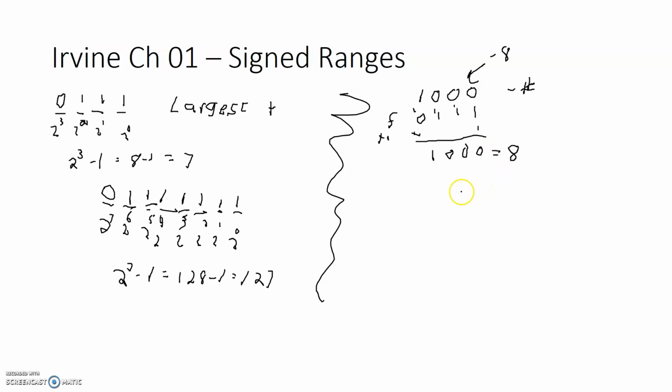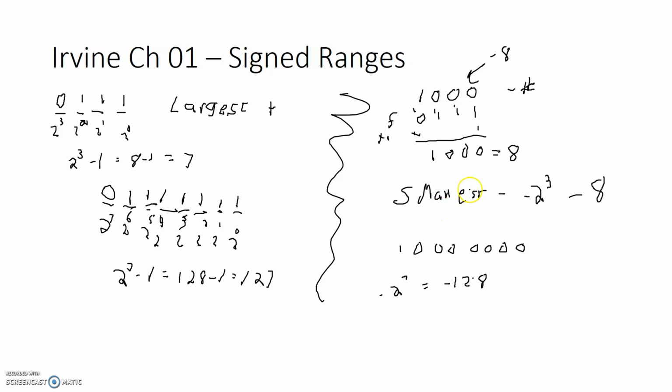And so in terms of the smallest over 4 bits, the smallest negative, it's negative 2 to the 3, so minus 8 would be the smallest. For 8 bits, it's negative 2 to the 7, or negative 128. Sorry for rushing at the end.